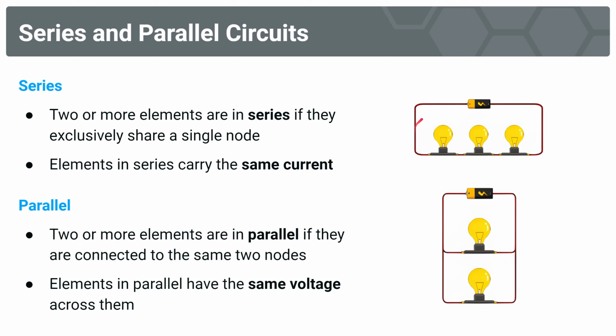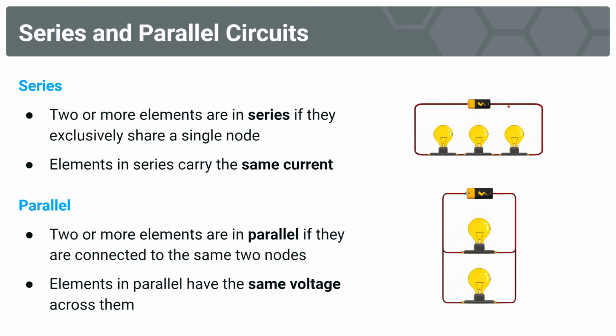In fact, the entire circuit is in series because this battery, yet another circuit element, exclusively shares a node on the left with this left incandescent bulb. The same is true for the incandescent bulb on the right. It exclusively shares a node with the battery's negative terminal.